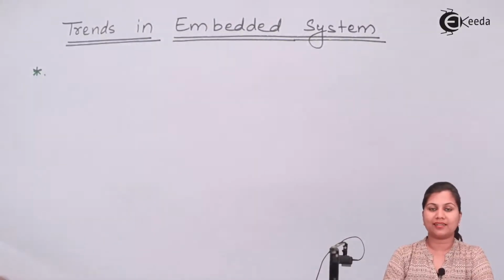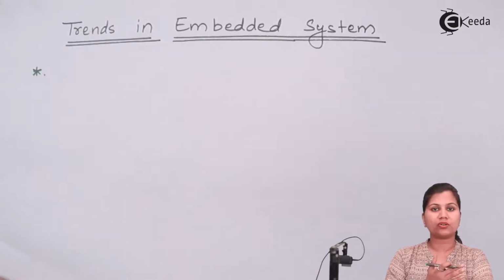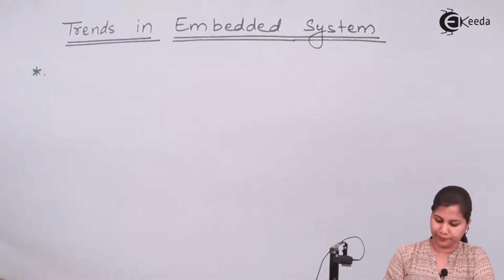So we know that an embedded system is a combination of computer hardware and software. So we can say that it is a hardware in which the software is embedded.